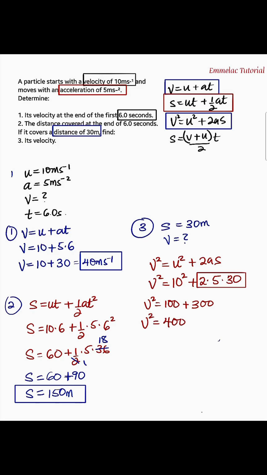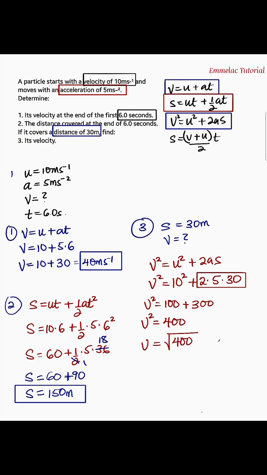All we need to do is to square root both sides. By square rooting both sides, the square on the velocity will be cleared off. So we have the square root of 400.